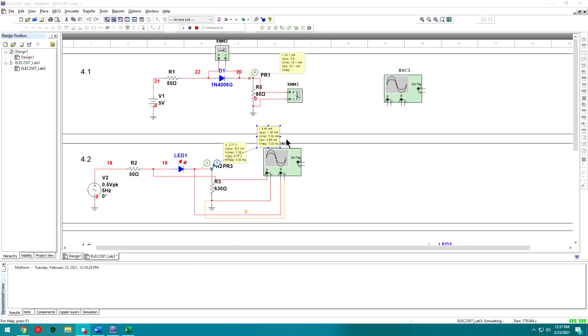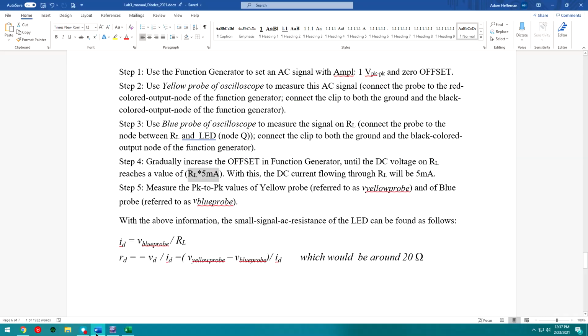Okay, so small ID is actually I peak to peak right here. So in my case, it's 1.45 milliamps. And then last but not least, we're looking to divide the small signal voltage on the diode by the current through that diode, right? And that will give us the resistance of the diode in AC terms.